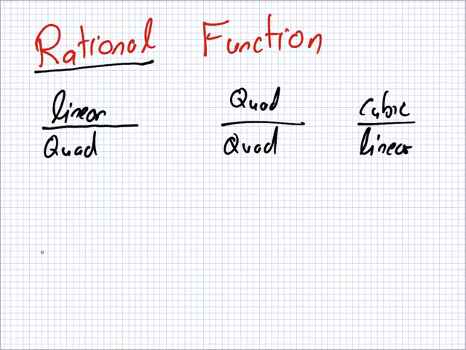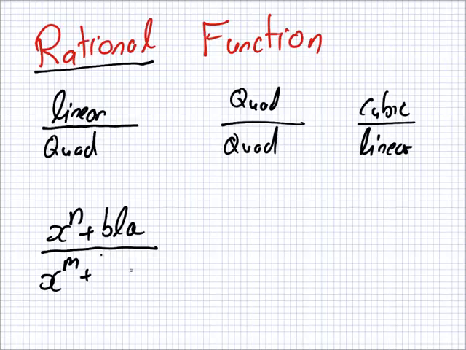What I mean by rational is the top is something like x to the power n plus so on, and the bottom is x to the power m plus so on. You know, something like a quadratic over a quadratic, or a linear over a cubic. These are rational functions.